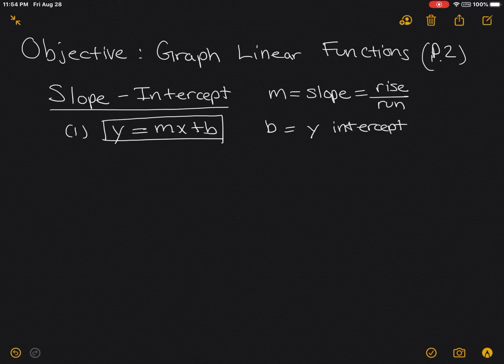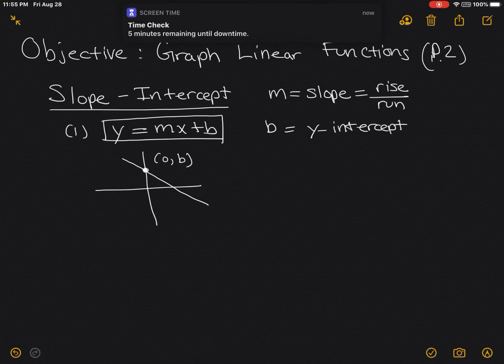Now that name sounds very fancy, right? Y-intercept, it just means where the graph hits the y-axis. So if I have a line right here, if I say point to me where the y-intercept is, you would say it's right here. You would say that's (0, b). Okay, and the way you want to think about graphing a slope-intercept form equation is, I guess I'll call it steps here.